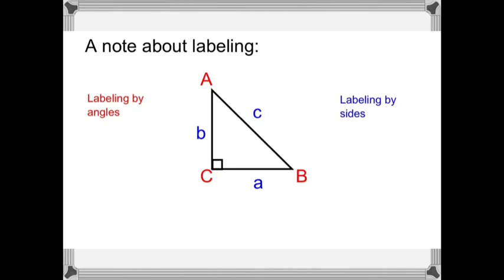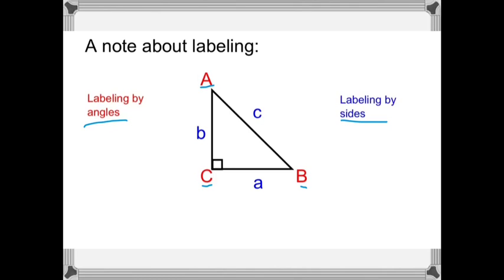Okay, so the first thing I want to go over is a quick note about labeling. When we have a triangle, and especially in a right triangle, we can either label the triangle by angles or we can label it by sides. The tradition is that when we label it by angles, we put capital letters on all the angles.